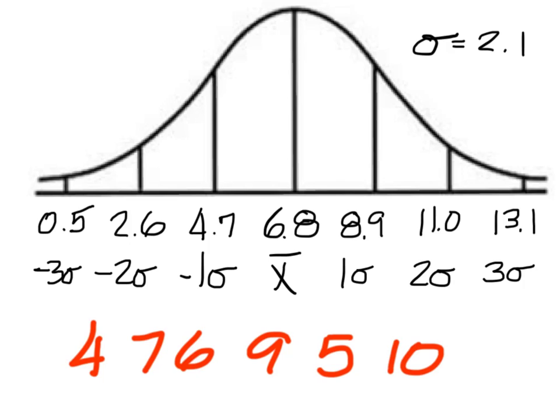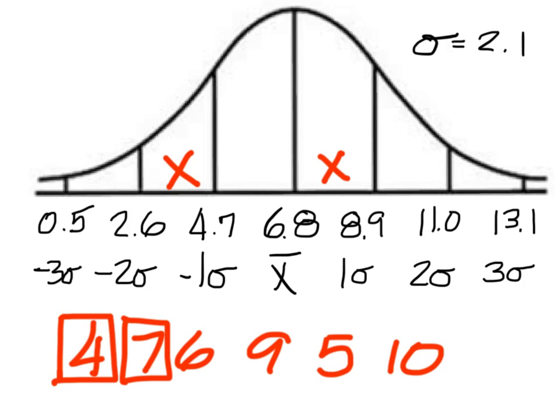Now find the spot in there which each data item falls in. For example, we'll start with 4. 4 would be between the 2.6 and the 4.7, so we would make an X. And then the 7 falls between 6.8 and 8.9. 6 is between 4.7 and 6.8.